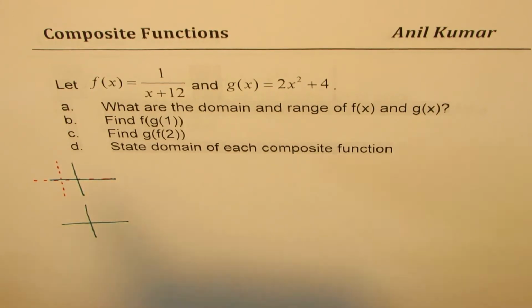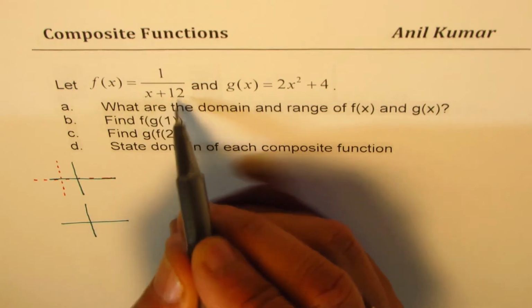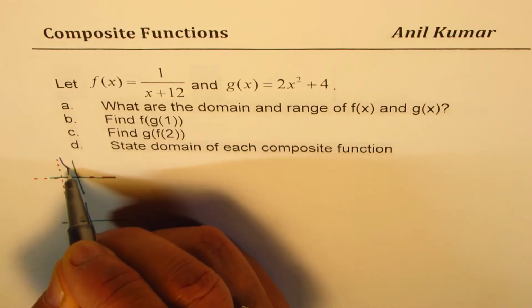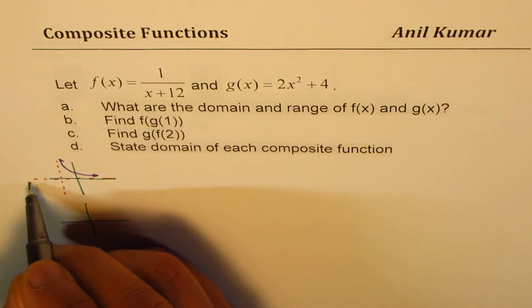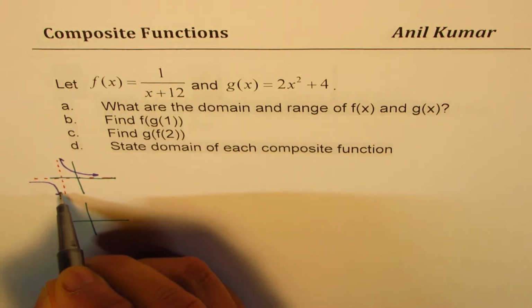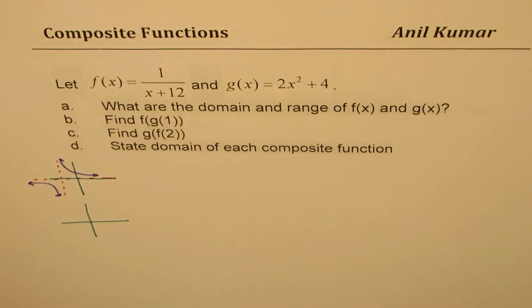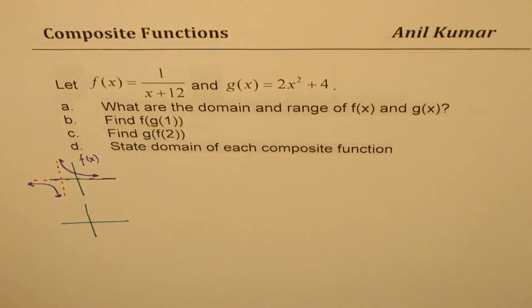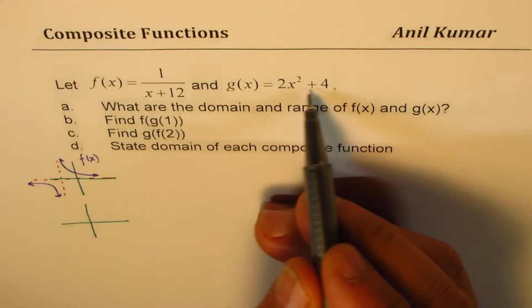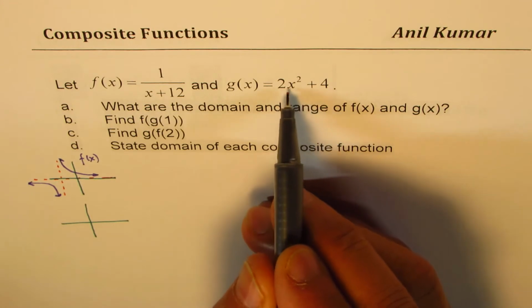Therefore, if I write x equals 0, you get 1 over 12. So that means the function is positive here, kind of like this. Is it okay? And symmetric about these asymptotes. So this is your function f of x. As far as g of x is concerned, it is a parabola which opens up.